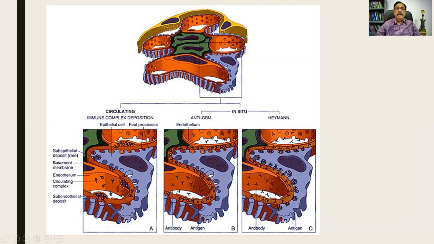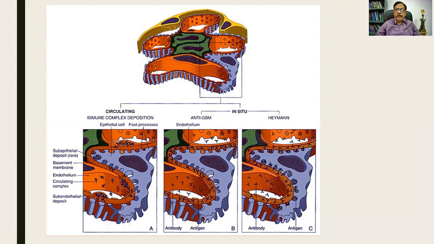And these in turn are the capillaries. The strange thing about a glomerular capillary is it has got a lining on the inside as well as outside. So there is an inner lining or the endothelium and an outer lining or an epithelium. So these will be the tuft of capillaries.